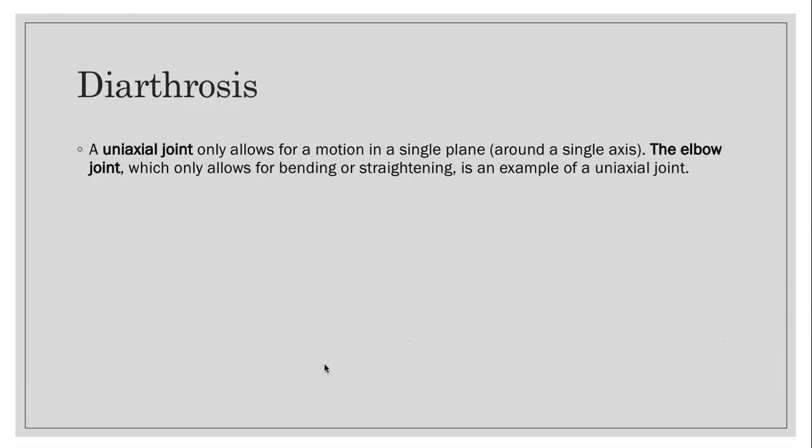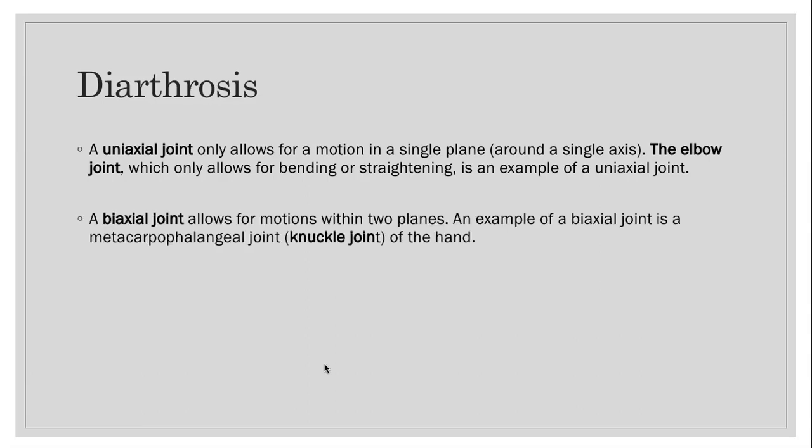So a uniaxial joint, like I said, allows for motion in a single plane, usually around a single axis, right? So one example is the elbow. If you bend your elbow, it can go only one way, right? It goes bending and you can straighten it. That's one movement in one axis.